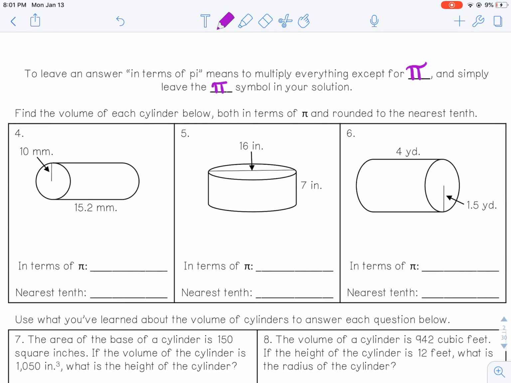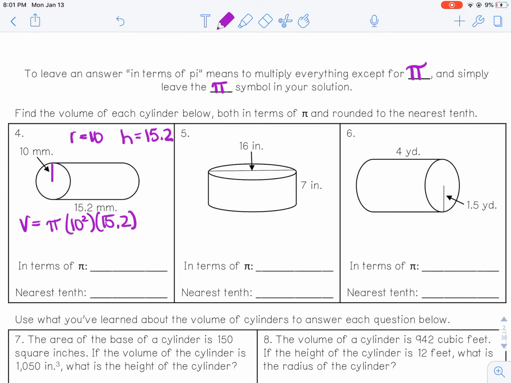I have 10 millimeters that goes halfway across the circle, so that means that's my radius. So radius is 10. And the height of the cylinder, if I were to put it on its base, would be 15.2 millimeters. So my formula would be pi times r squared times the height, and in this case, we're leaving pi as pi. R squared would be 10 squared times the height of 15.2.